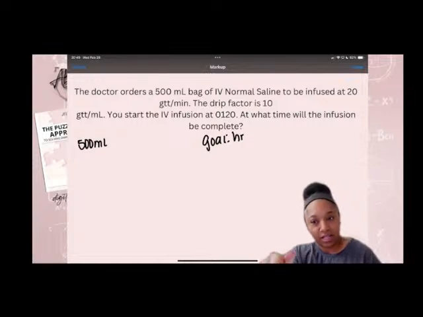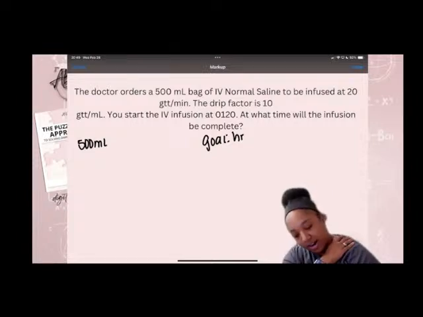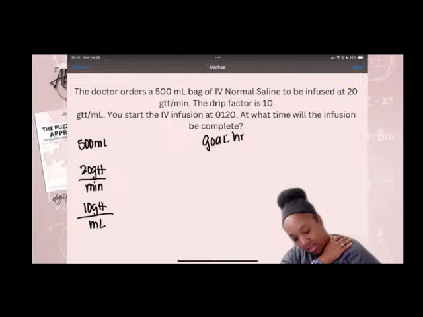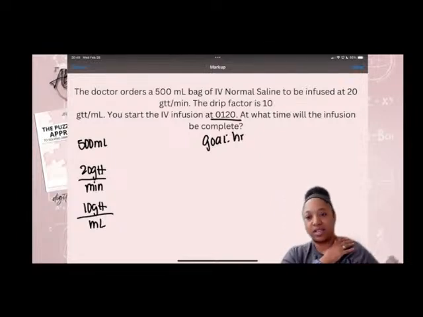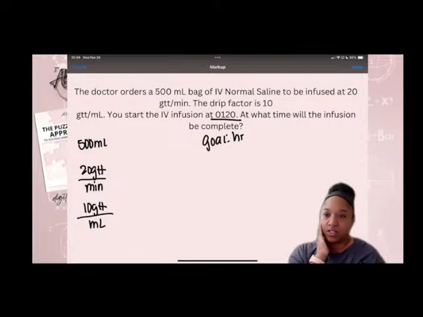Then 20 drops per minute, and the drop factor, that seems important. And this is just your start time, we'll use that at the end. So this one is a two-step, because we have to find the length of time that it will take for your infusion to be complete, and then we'll have to see the time.